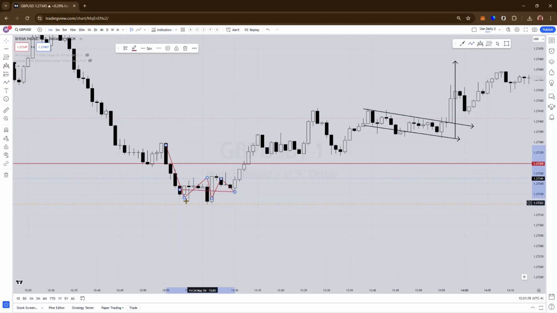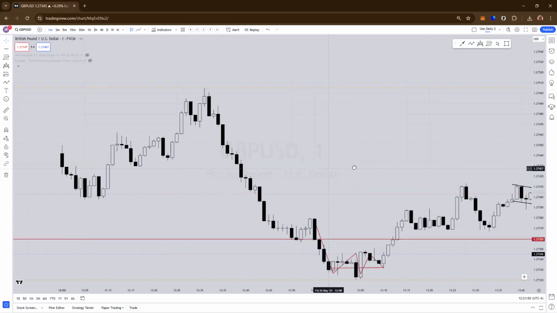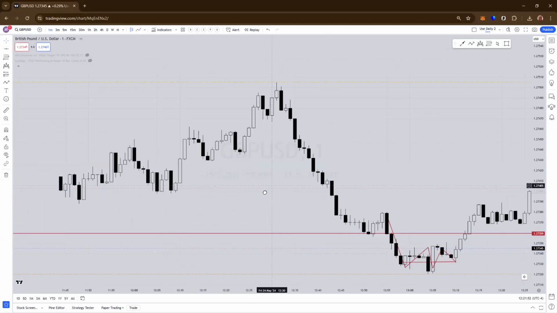Okay, so double bottom, one, two, comes back, hits the line, continues its journey higher. And kind of made that line crooked. It's a double bottom. What else do we have? Let's see if we can find something else.